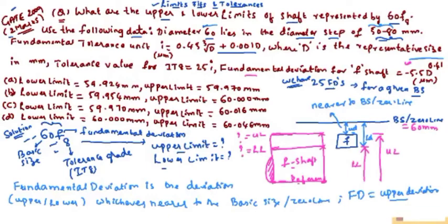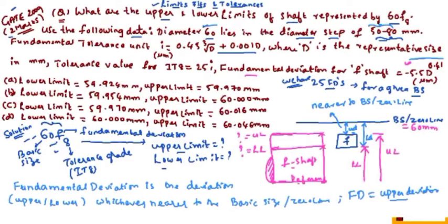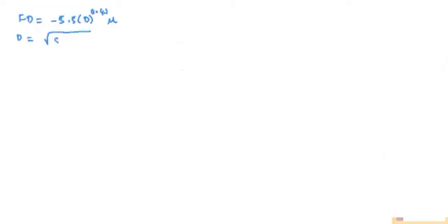Capital D as per this fundamental deviation value will be the geometric mean of the diameter step. You can see that in this question the diameter 60 mm lies in between the diameter step of 50 to 80. So capital D will be the geometric mean of 50 and 80.